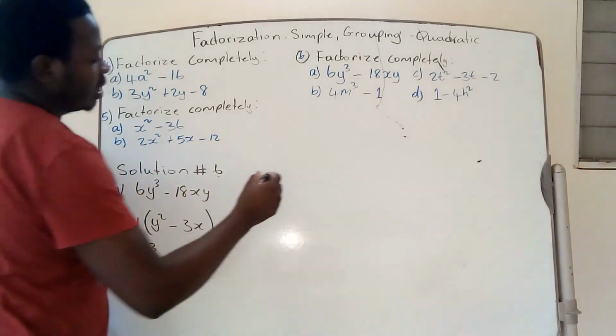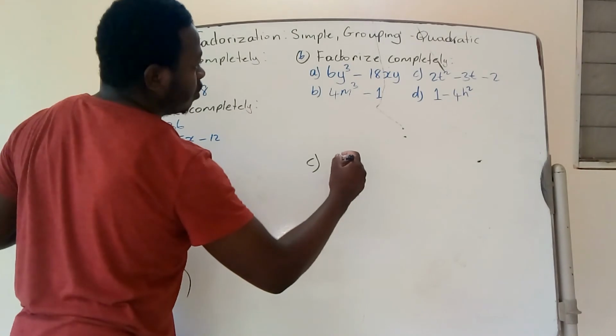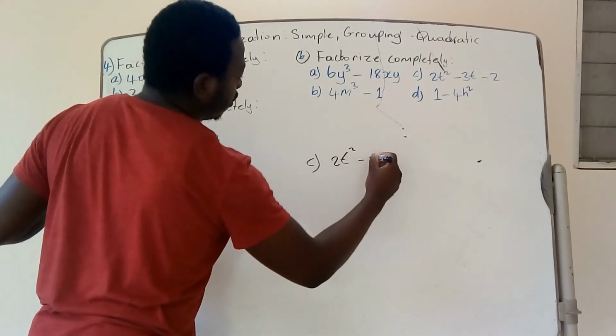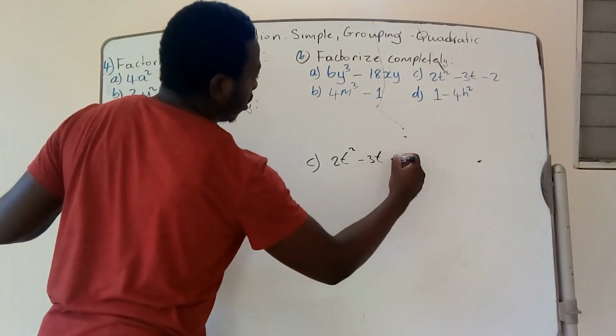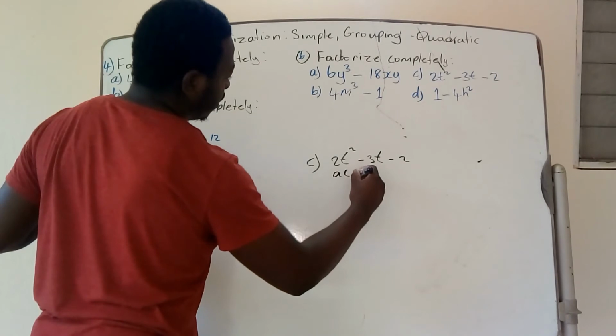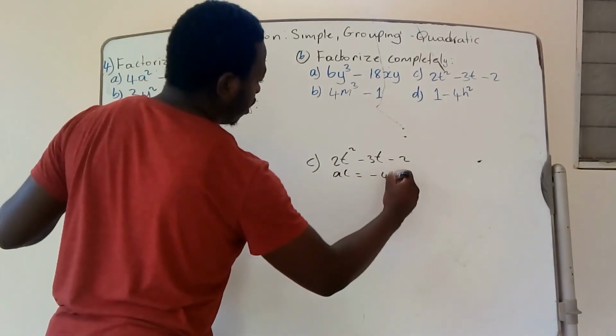Now to part C, we have a quadratic expression which is 2t squared minus 3t minus 2. AC again, AC is equal to 2 times minus 2, that's minus 4.